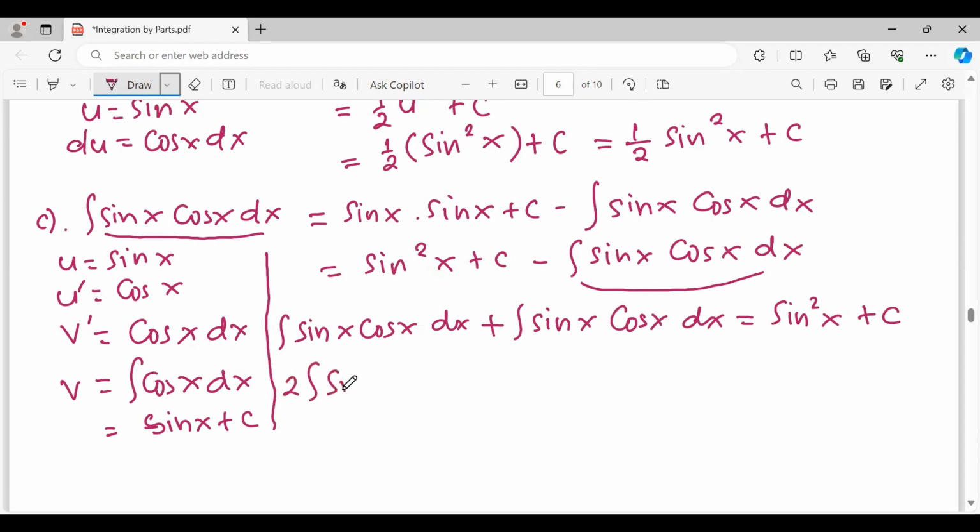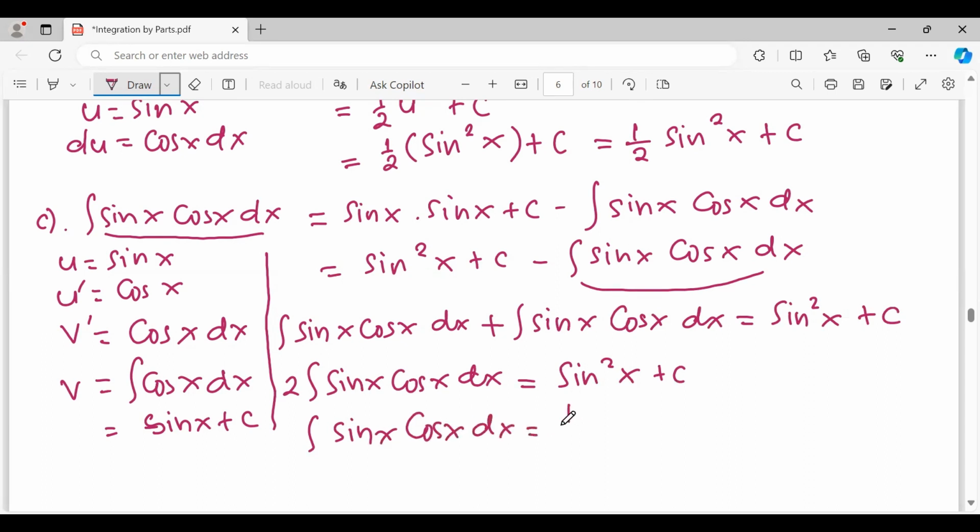So 2 integral sine x cosine x dx equals sine squared x plus c, and integral sine x cosine x dx equals half sine squared x plus c.